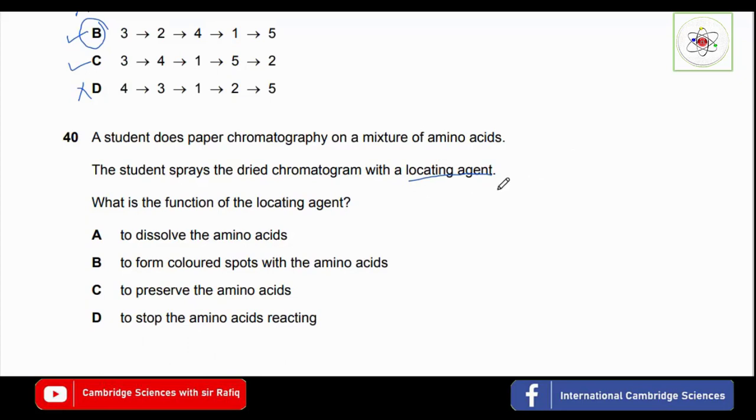To dissolve the amino acids, no. To preserve the amino acids, no. To stop the amino acids reacting, no. So the correct option is to form colored spots with the amino acids. If amino acids are not colored, it makes these spots colored. This is how we have finished our paper.